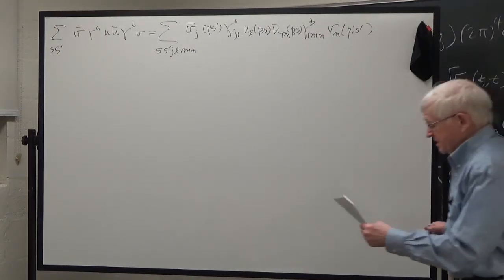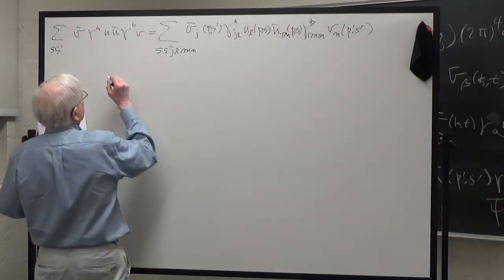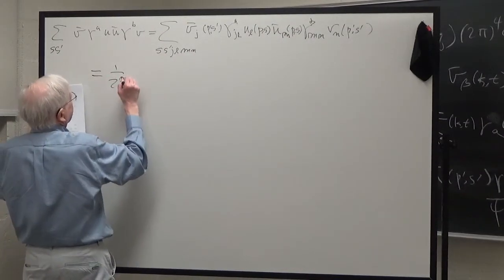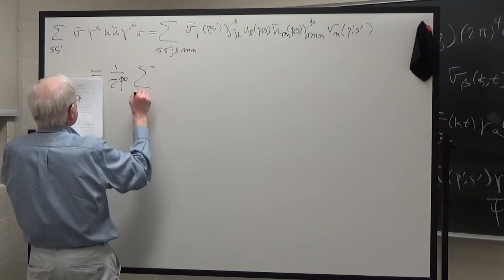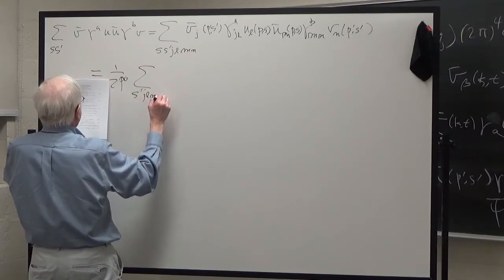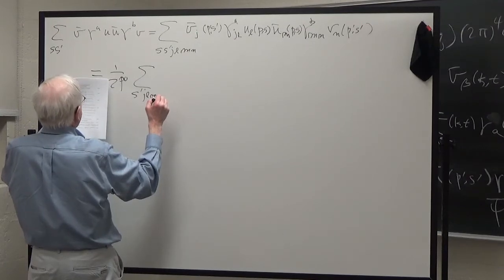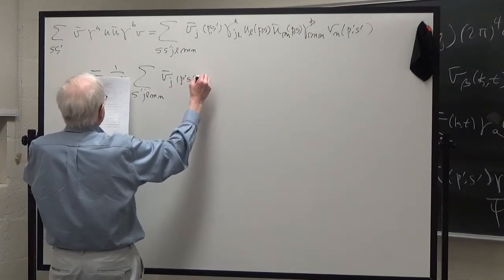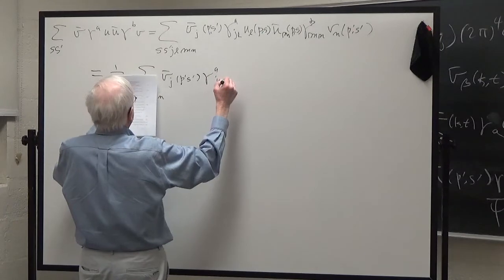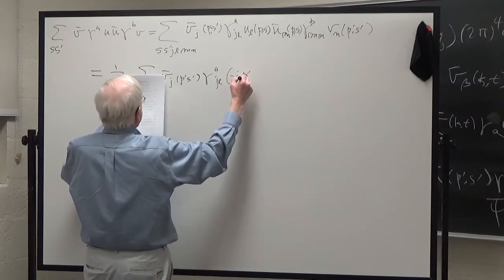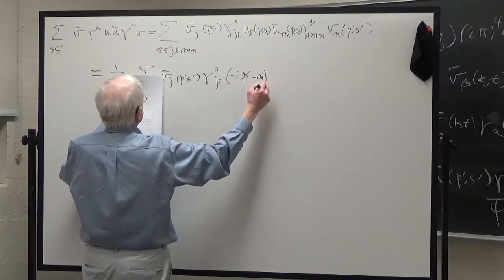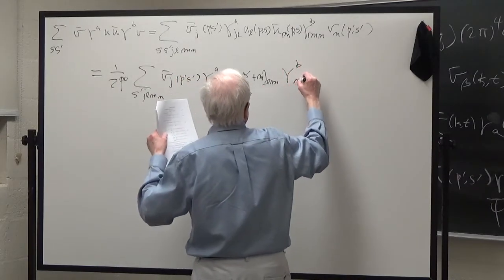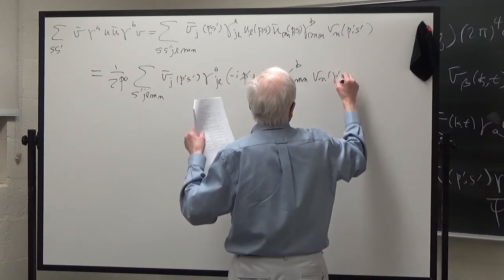And now we use the spin sum formulas to write that as, first of all, 1 over 2p0, sum over s prime, J, L, M, N, v bar_J of p prime s prime, gamma^A_JL, but now this part is minus i p-slash plus m, LM, gamma^B, MN, v_N of p prime s prime.